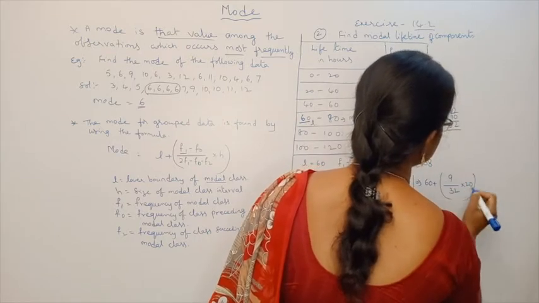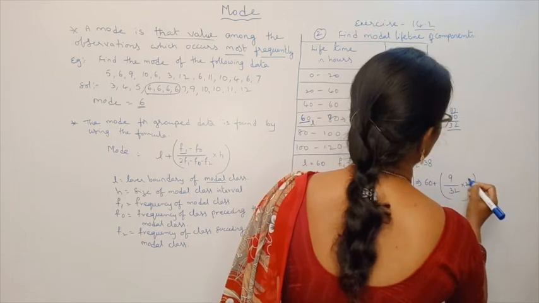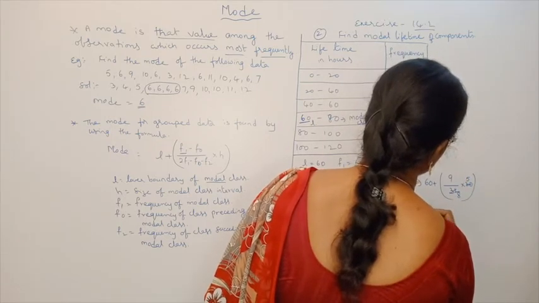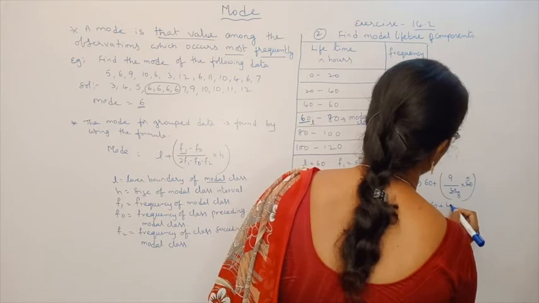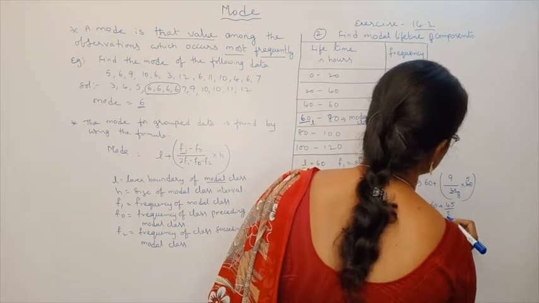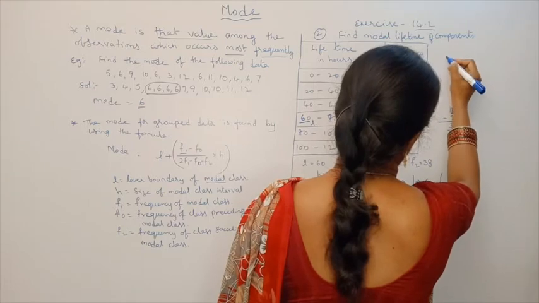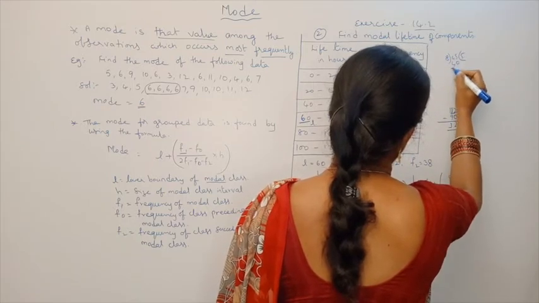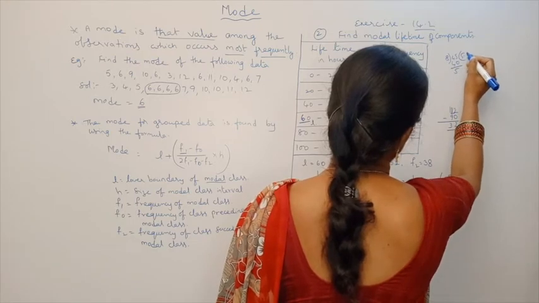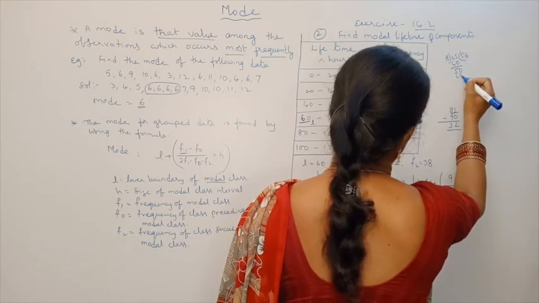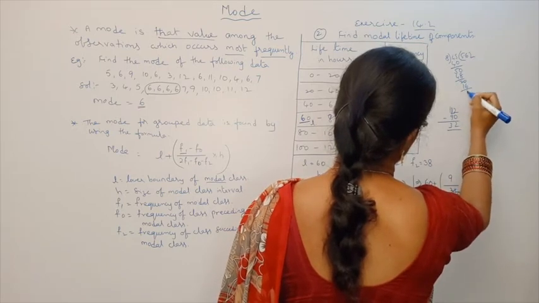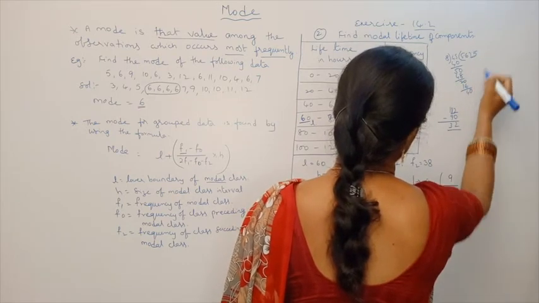First we do this simplification. 4 8s are 32, and 9 into 20 gives 180, so 4 5s are 20, 4 8s are 32, giving 45 by 8. Now 60 plus 45 by 8. 8 5s are 40, remainder 5, then 8 6s are 48, 8 2s are 16, 8 5s are 40.